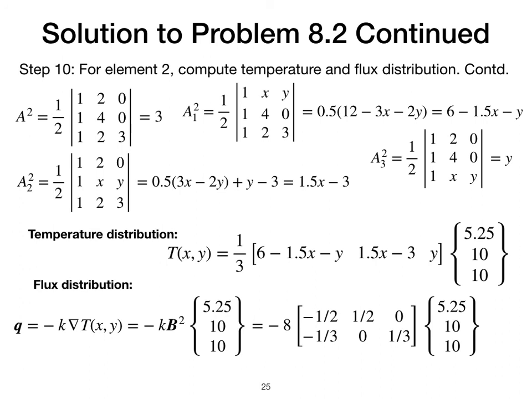Note that the gradient of T you can calculate directly by differentiating T(x,y) with respect to x first and then with respect to y. The final value Q is equal to a vector containing minus 19 and minus 12.667. Note that this is a constant matrix.